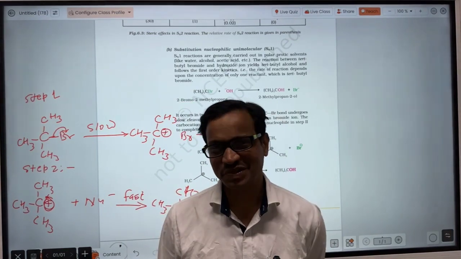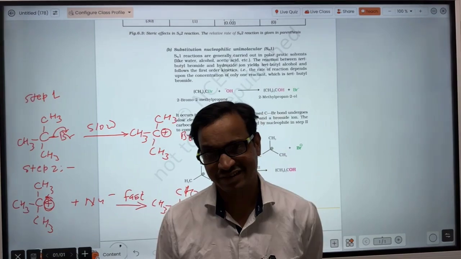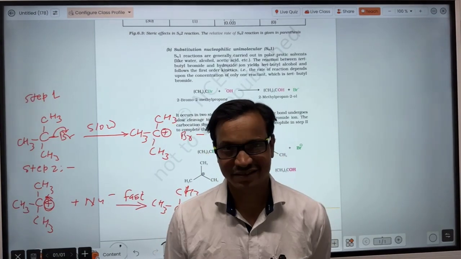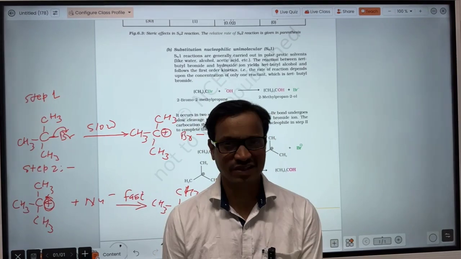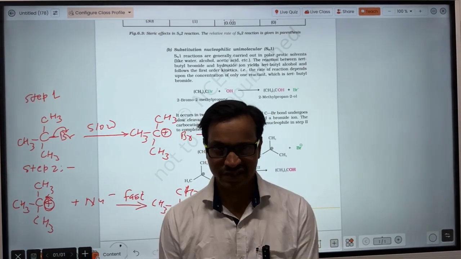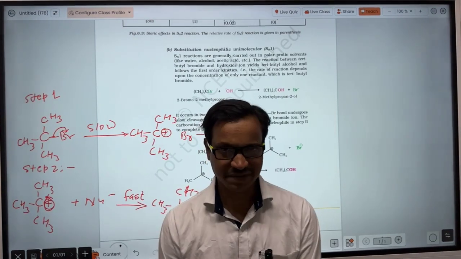So when you will wear the kurta pajama, that will depend on when the tailor will give you the pajama. So stitching of pajama was a slow step, and that's why the rate of reaction will depend on the slow step.